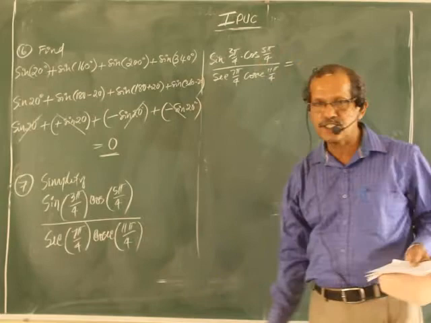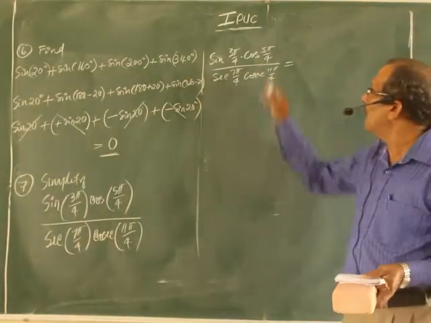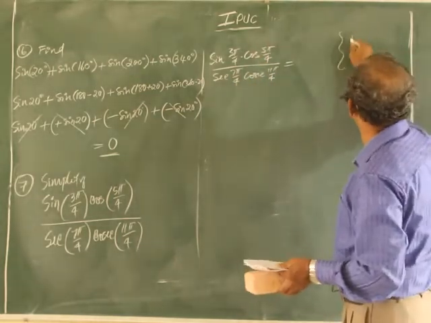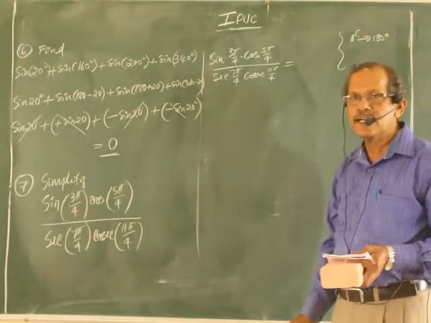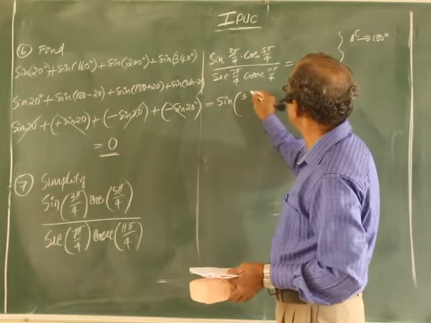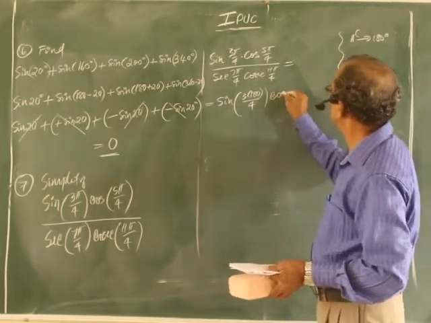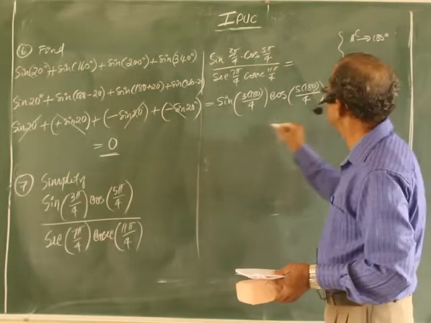First you convert this into degrees. How to convert? Wherever you have pi, put pi equal to 180. Pi radian equals 180 degree. Wherever you have pi, write 180. Sin 3 into 180 divided by 4, cos 5 into 180 divided by 4.